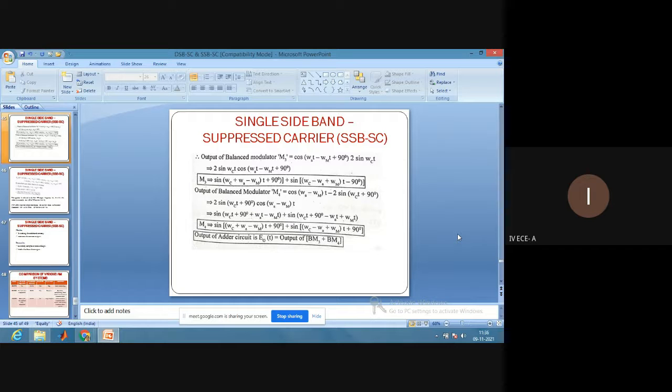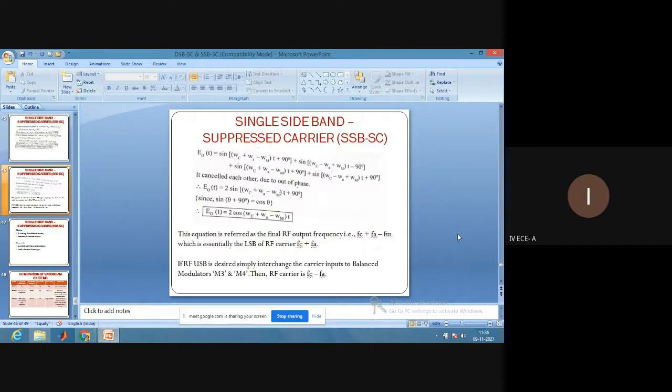So here the output equations of balanced modulators M3 and M4 are given. The outputs of M3 and M4 are given to the adder circuit, and the output of the adder circuit is represented as E0(t). Here the balanced modulator outputs M3 and M4 are added up.